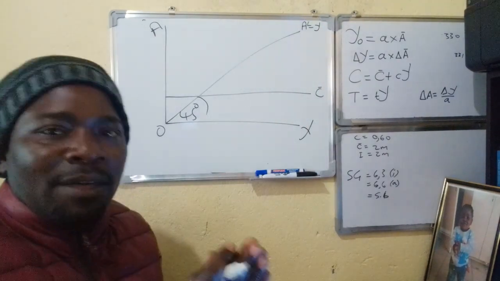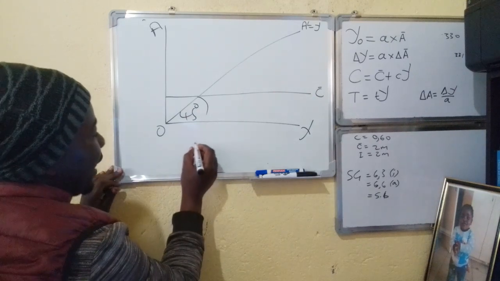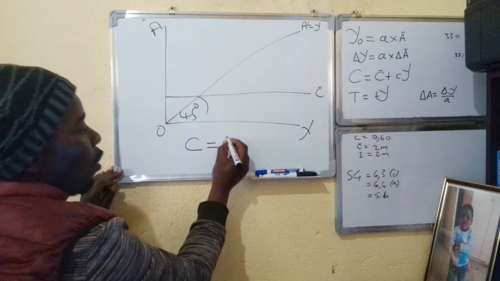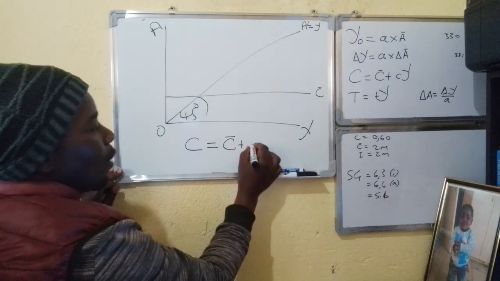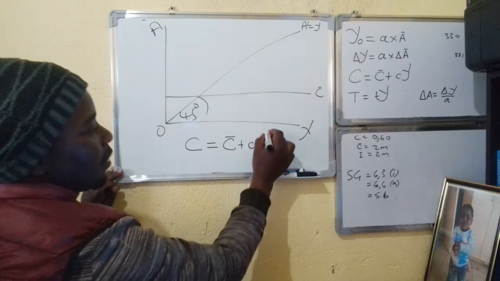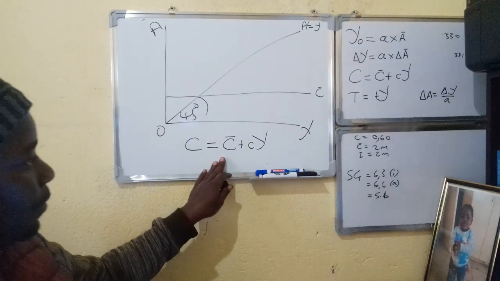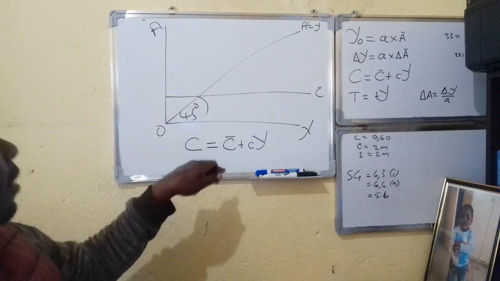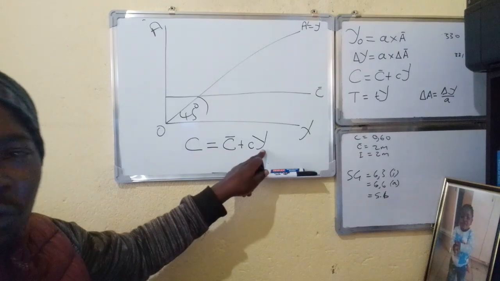So when you add them together, by equation, you show them like this. You say consumption expenditure equals autonomous expenditure, this one, plus consumption with a little c, which depends on the level of income. This is called the consumption function. It's this consumption with a bar plus that portion of consumption that depends on the level of income.